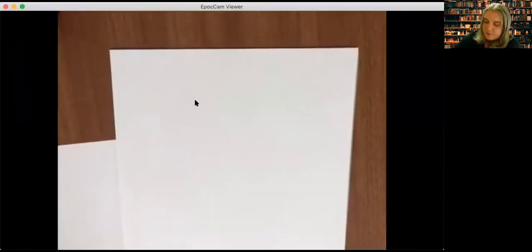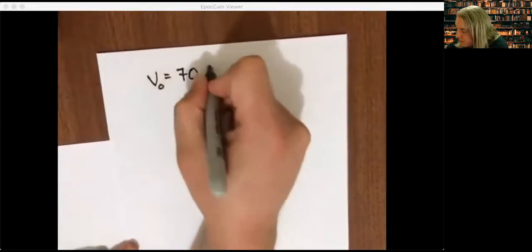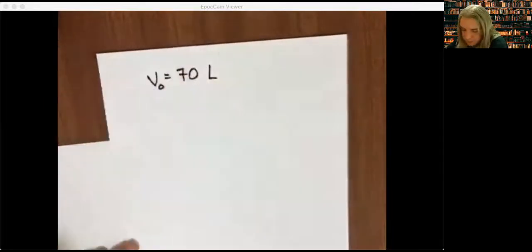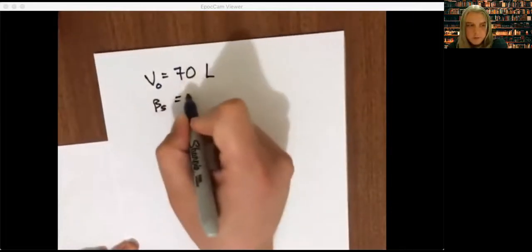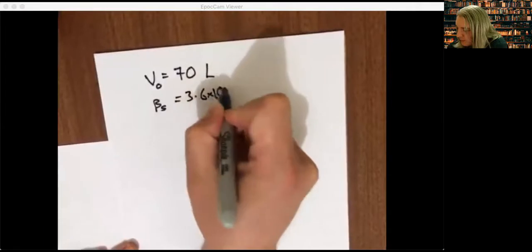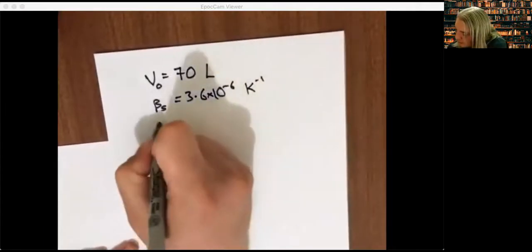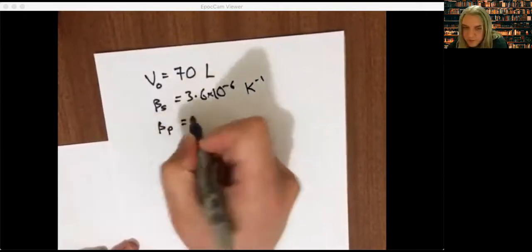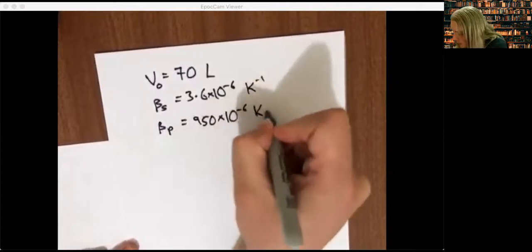Right, so let's write out what we know again. We've got an original volume V naught equal to 70 litres. We've got beta for steel equal to 3.6 times 10 to the -6 per kelvin, and beta for petrol equal to 950 times 10 to the -6 per kelvin.